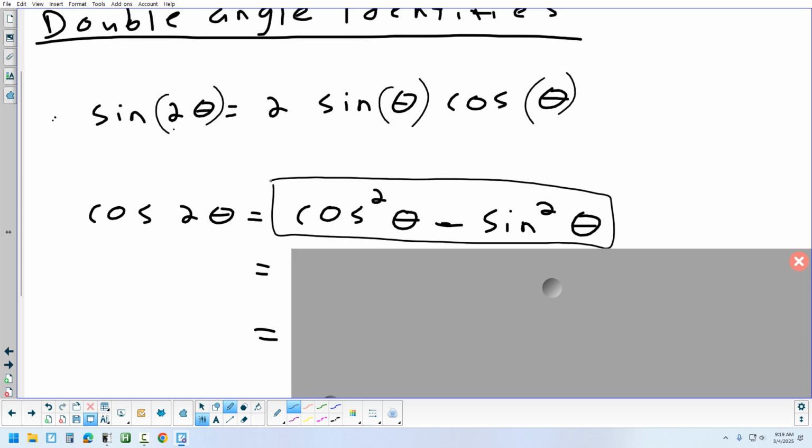Does anyone remember what Pythagorean identity that looks kind of like? Yep. Cos squared theta plus sine squared theta is 1. That's very similar, but it's not, to sine squared plus cosine squared equals 1. Okay, based on that, what would cosine squared be?